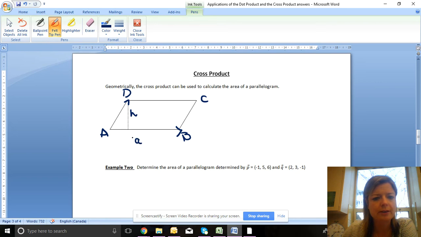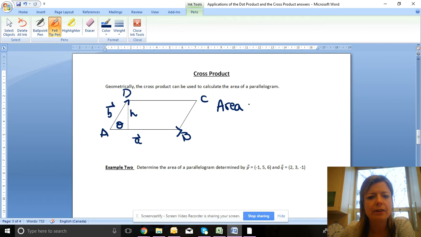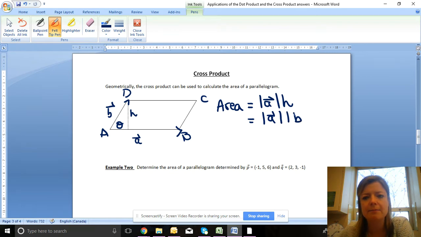We'll call this little vector A and this little vector B, where theta is the angle between A and B. The area of this parallelogram is the magnitude of A times the height. And this can be rewritten as the magnitude of A, and the height can be rewritten as the magnitude of B times sine theta.